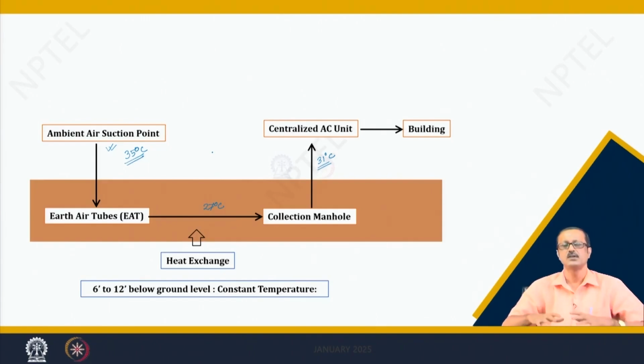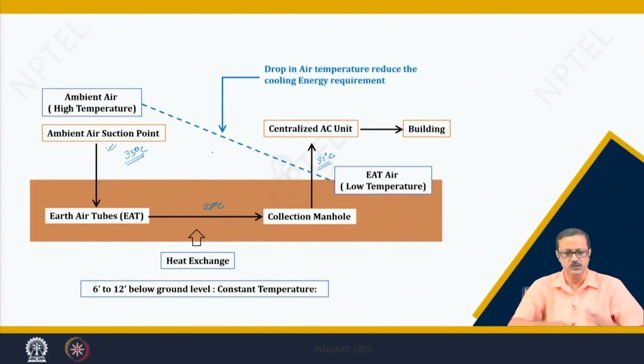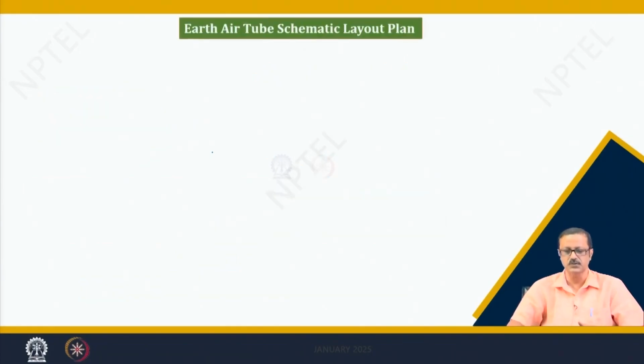So my total amount of energy expenditure will be less. This is the temperature gradient. Ambient air temperature will be high, and there is a drop in the air temperature due to the cooling effect of the geothermal condition, and the EAT, that is earth air tube air, will be at low temperature, and I can use that.